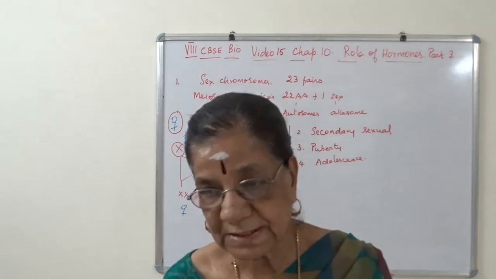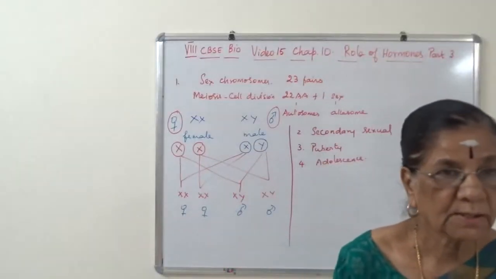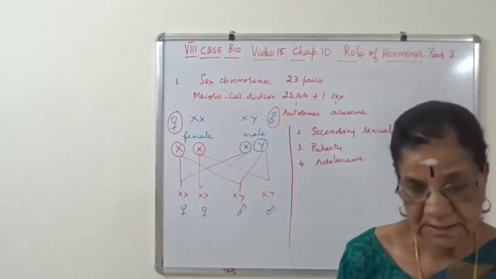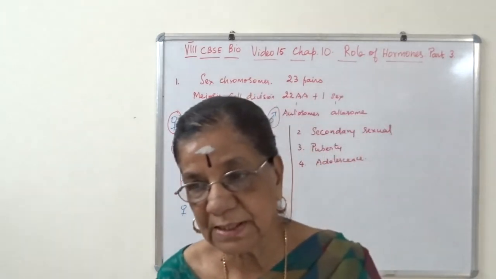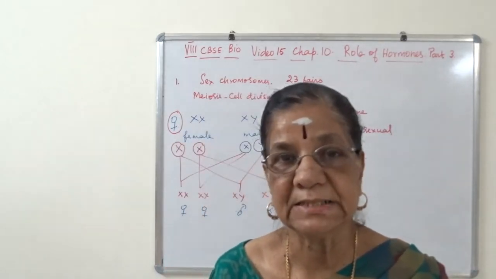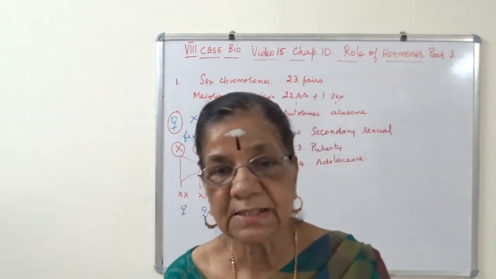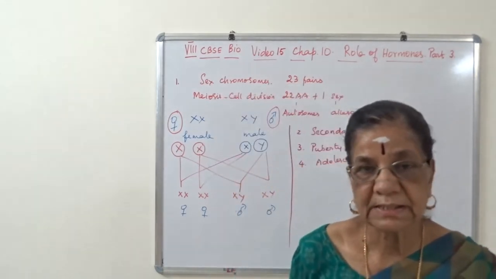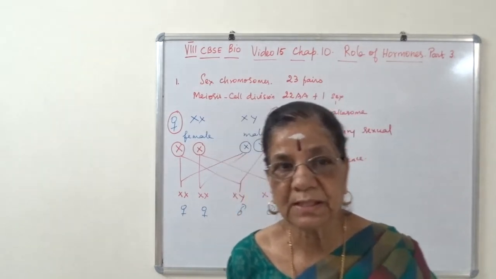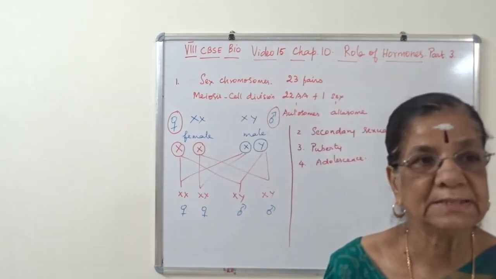That is why we say these adolescent groups of boys and girls are normally referred to as teenagers. What does it mean? 13, 14, 15, 16, 17, 18, 19, teen. So they are teenagers.